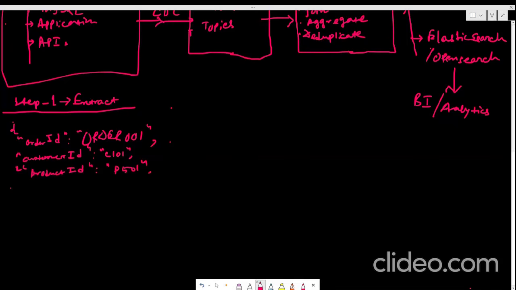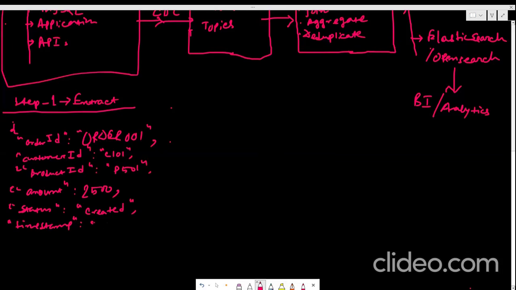Next, for the product, the amount will be there. So just consider the amount of the product is suppose 2500. Next, the status of the order. So it has been created, so we can set the status as created. After that, a proper timestamp. Otherwise, we will not be able to understand when that order has been created.